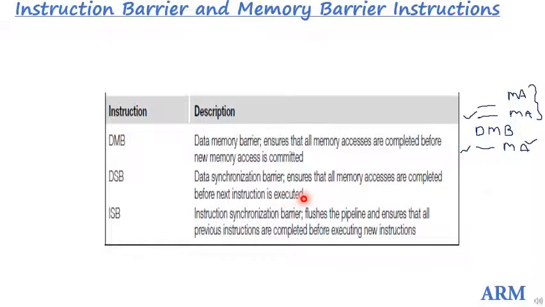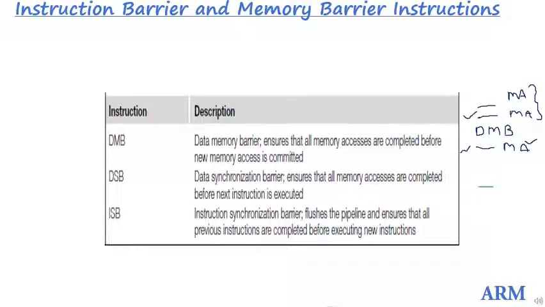For DMB, it ensures that all memory accesses are completed before a new memory access is committed. And for DSB, it says that it ensures that all memory accesses are completed before the next instruction is executed. So there is a slight difference here if you note carefully.